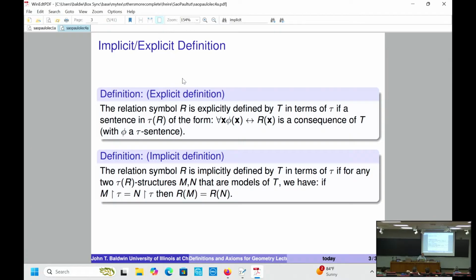While with implicit definition, you're expanding the language, well, you are in both cases, but all you know is that if you take two structures in the additional language that model the original theory and satisfy some formula about R, and if the reducts are the same, then the interpretation of R is the same.